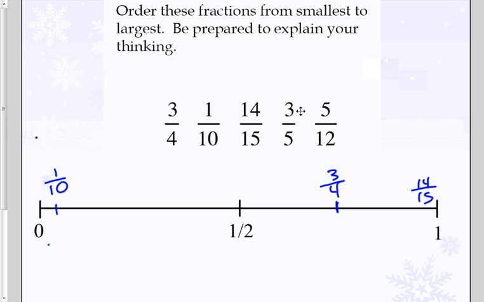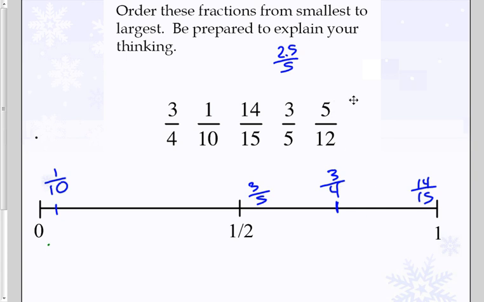Well, 3 is pretty close to that 2.5, but you know that 3 is just a little bit more than that. So again, just to illustrate, 2.5 would be exactly 1 half. 3 is just a little bit more. So let's put 3/5 as just slightly above that 1 half mark, but definitely below 3/4.